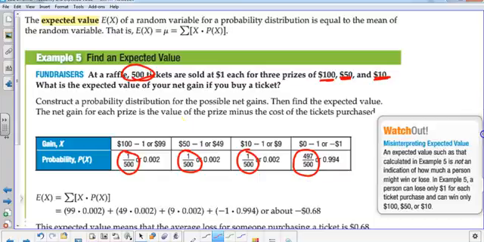Well, what do you actually earn if you win the $100 ticket? Only $99. If you win the $50 ticket, if you win the $10. But every other losing ticket, you've actually gone in the hole $1. Ready with me?